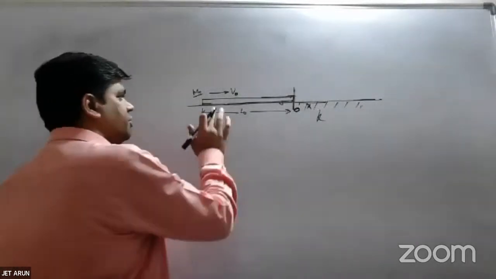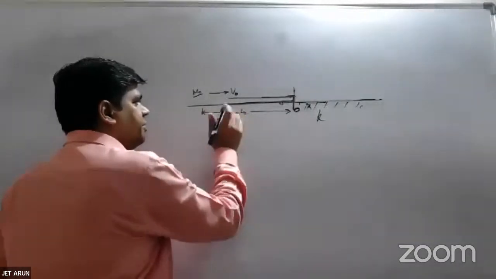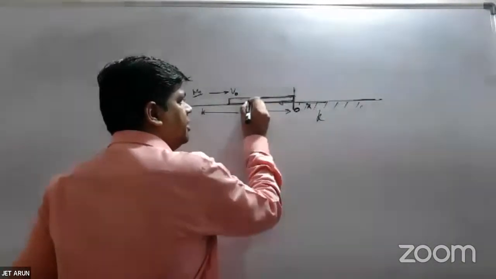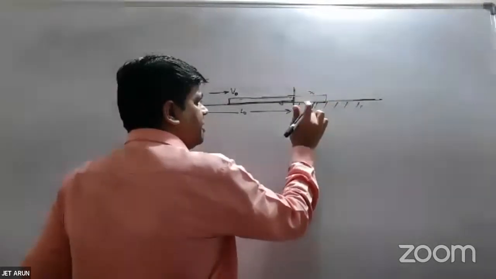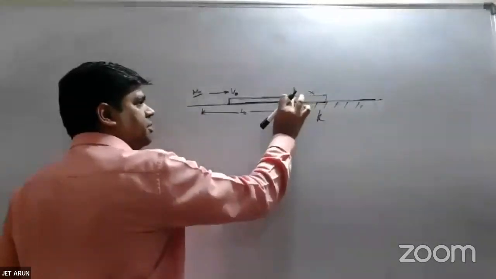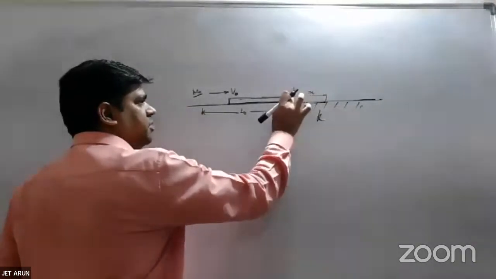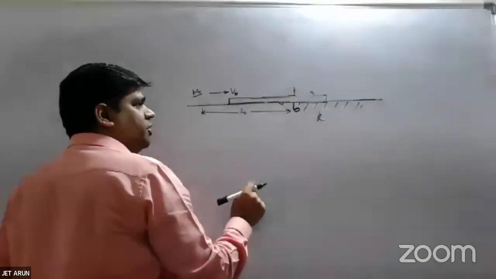Let the position of the rod after some time t be like this. Let it penetrate by amount x into the frictional surface. So it will have friction on this part, no friction on this part.